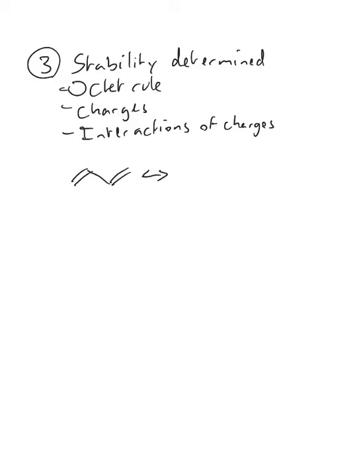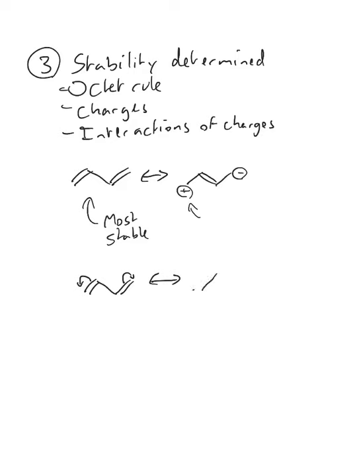Both of these can be a thing. They are resonance structures of each other, but this one is most stable of these two because it doesn't have any charge. Why else? Well, does not comply with the octet rule. What if we did this resonance structure where both of these moved away so that we have a negative charge, a positive charge, and a positive charge and a negative charge?